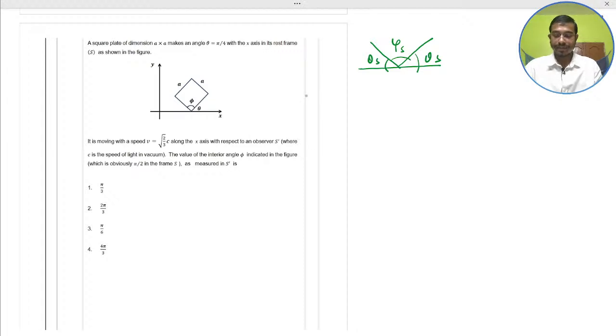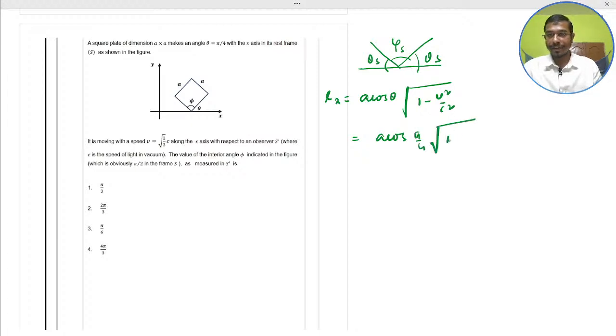In the solution, the Lx component would be a cos theta root over 1 minus v square by c square, by the formula we just discussed in the chapter summary in a nutshell from special relativity.